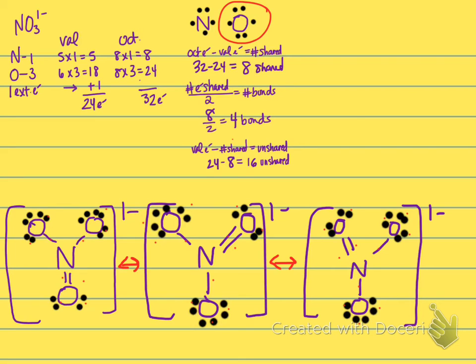Excellent. They've all got the correct number of electrons surrounding them. They're all shown in brackets with a charge, and I've put my little, badly drawn, sorry about that, double-headed arrows between each of the resonance structures. That's it. Just remember, anytime you have a double bond that could exist in more than one place, you've got to show it existing in more than one place.